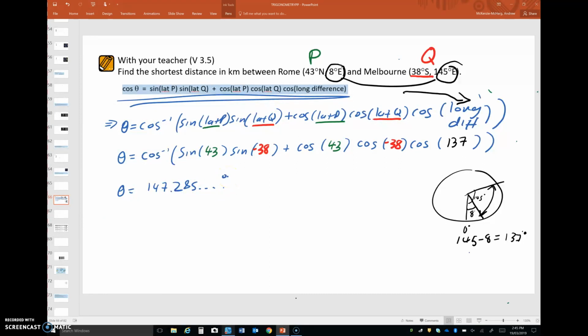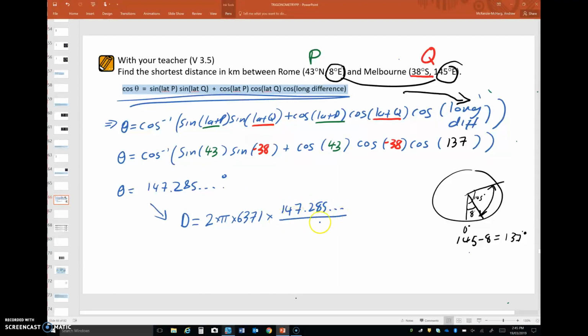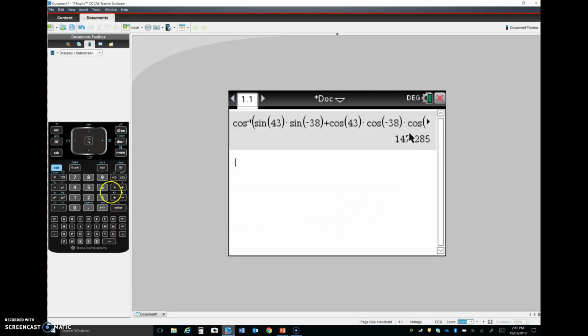Now we don't need to DMS this angle like we usually would, because we're going to use this directly in the great circle formula. D equals 2 times pi times 6371 times, and our theta value is now that angular separation. I'm not even going to bother rounding it off. Okay, just going to put it in like that, because back on the calculator, I'm going to immediately tap multiply, and that carries that answer over without rounding it off.